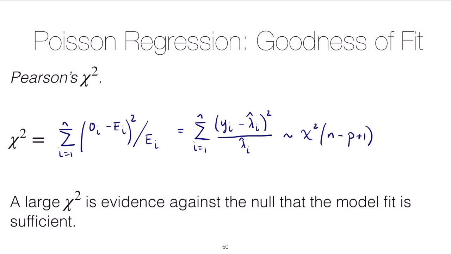So we could use this statistic as an alternative to the deviance when trying to assess goodness of fit. And oftentimes these two measures, the chi-squared test and the deviance test, will be very similar. The null hypothesis would be that the model fits well, and a large chi-squared test statistic would be evidence against the null that the model is sufficient.